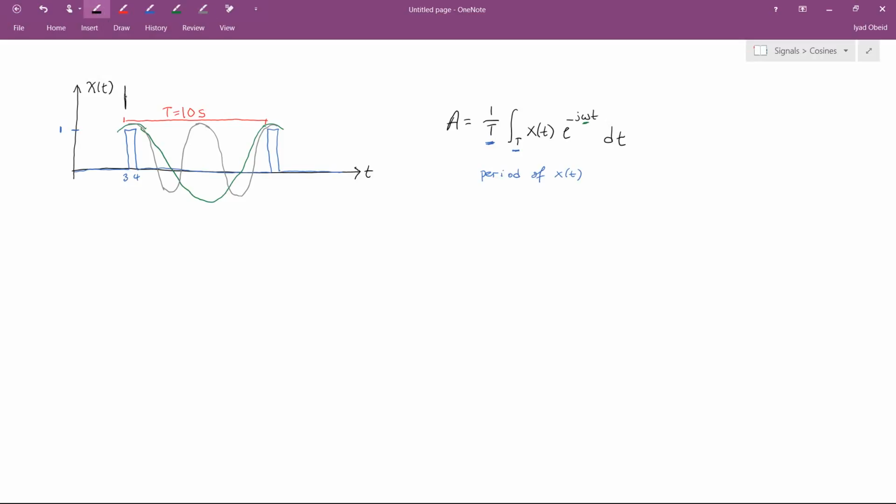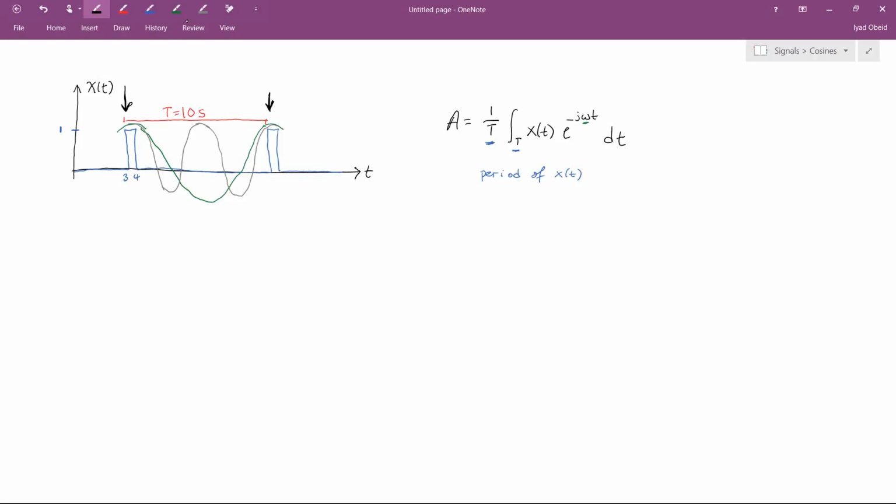So however the cosines are lined up at t equals 3, they have to be lined up again exactly the same at t equals 13, 10 seconds later. If that doesn't happen, then how could x of t possibly be periodic? So we're only going to consider cosines that complete integer numbers of cycles every 10 seconds.